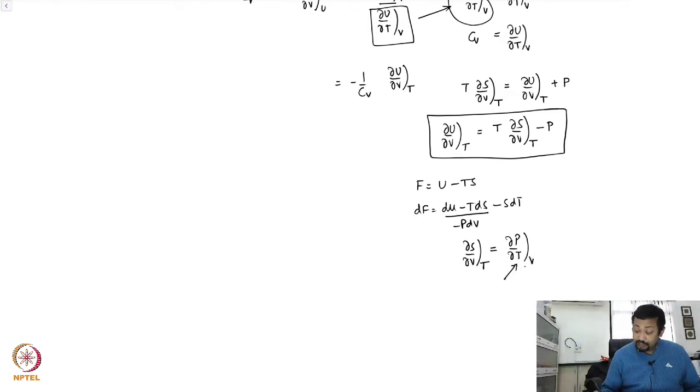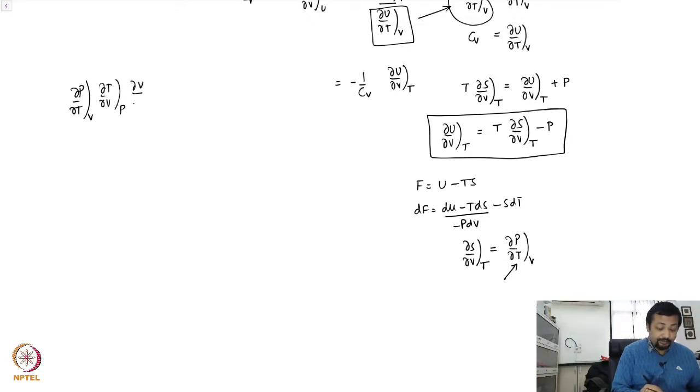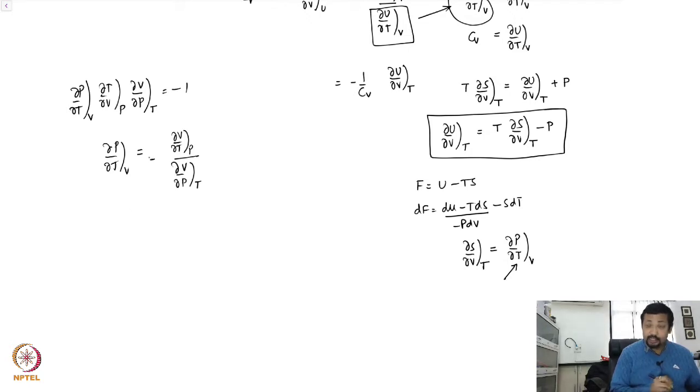This is a very familiar derivative for us, because I know that (∂P/∂T) at constant V, (∂T/∂V) at constant P, (∂V/∂P) at constant T is minus 1. So that (∂P/∂T) at constant V is going to be (∂V/∂T) at constant P by (∂V/∂P) at constant T, with a minus sign in front.